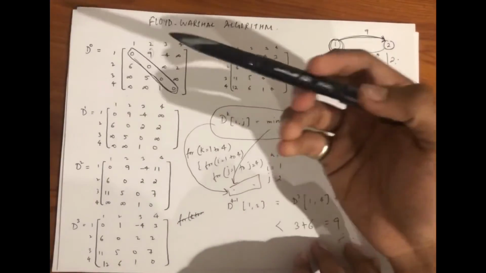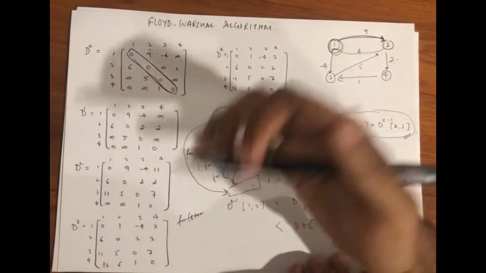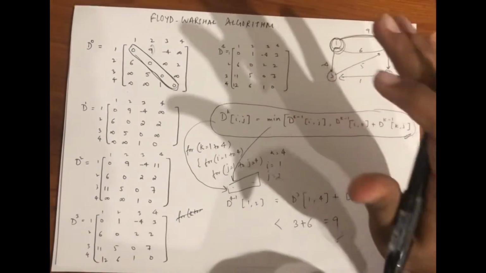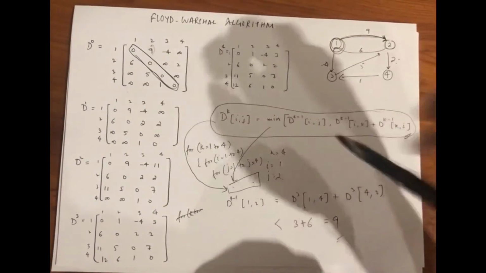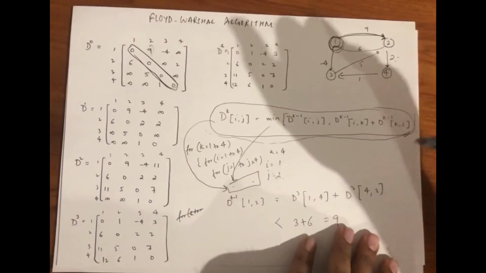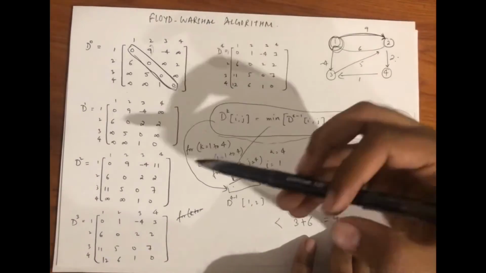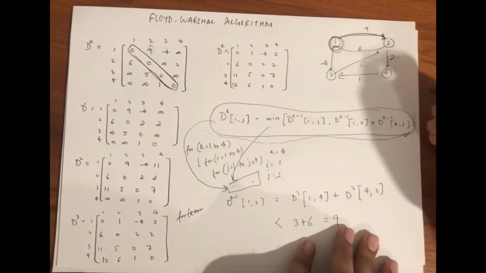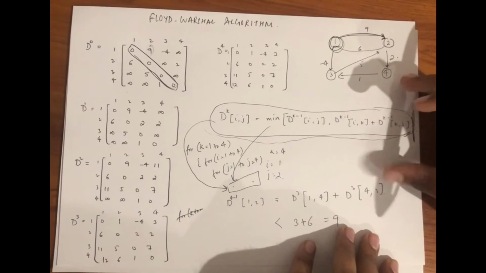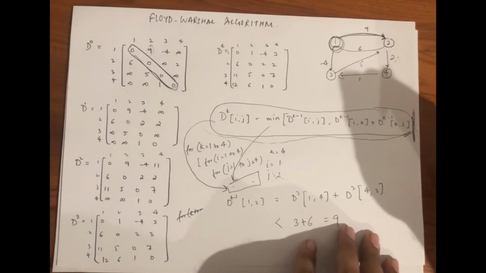similarly, we have to find D1, considering the first vertex, then D2, D3 and D4. After making these distance matrices, we came up with an equation for how we find the minimum distance among these matrices. This is basically the formula of the Floyd-Warshall algorithm, how we find the minimum distance between two vertices. Let me show you.